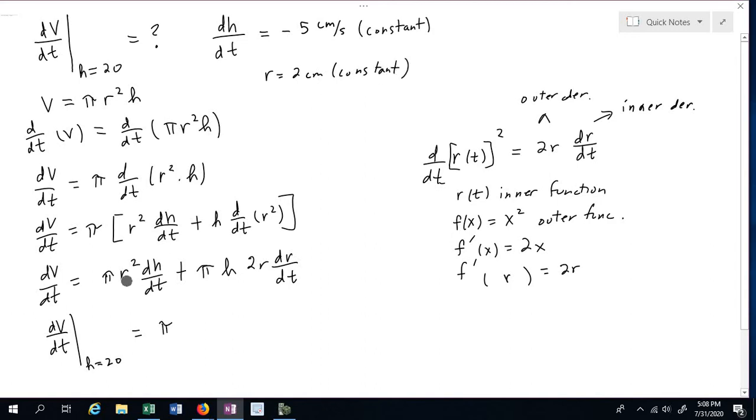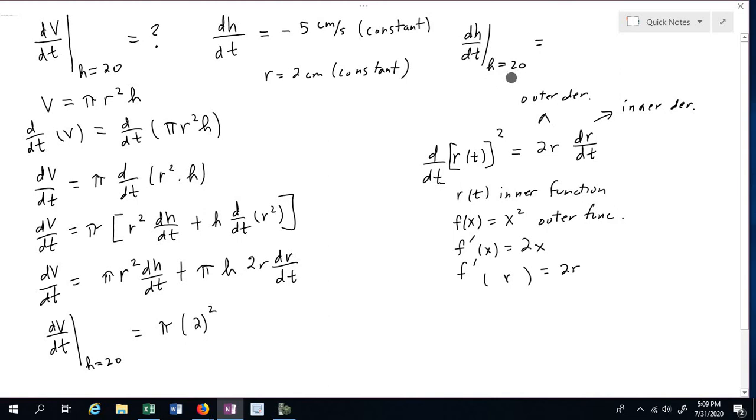So when you get to this point here, what is r? Well, r is always 2 centimeters, no matter when, right? It's always 2. So I'm just going to plug 2 in for that. And then dH/dt, we're evaluating that when the height is 20. So what is dH/dt right when the height is 20?